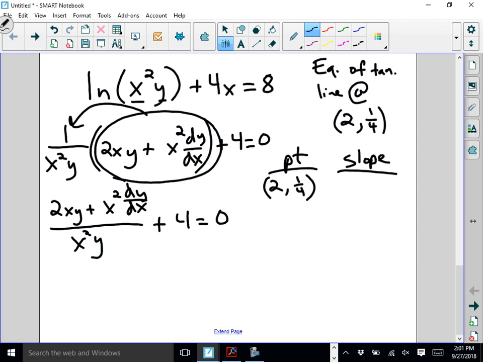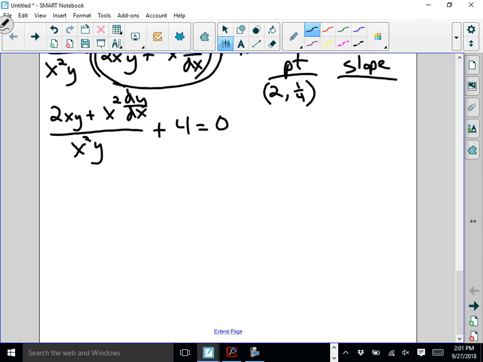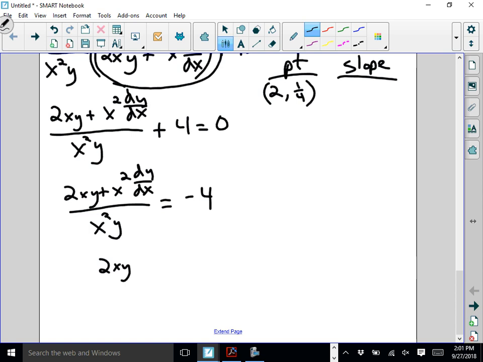And I'll have 2xy plus x squared dy dx over x squared y equals -4. And I'm going to multiply over my x squared y, and I'll get 2xy plus x squared dy dx equals -4x squared y. I'm going to subtract away my 2xy.